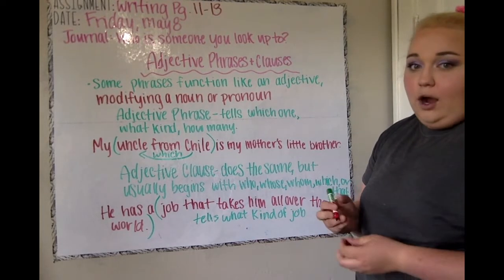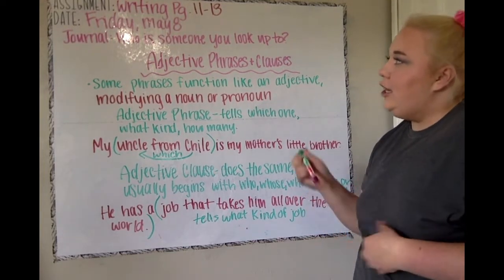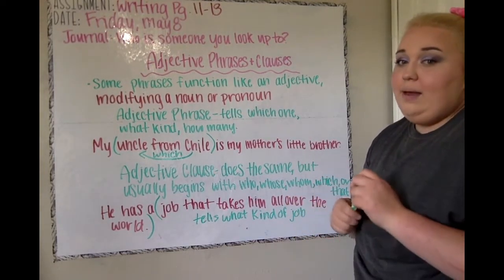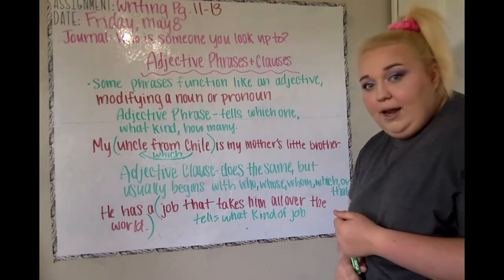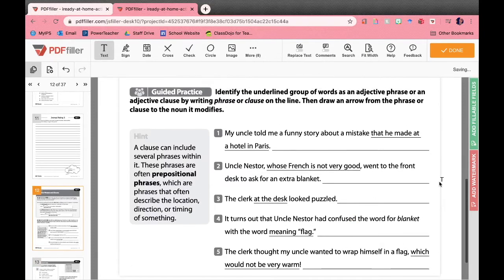Now make sure you do page 11, which is the journal. We're going to take a look at the bottom of page 12, and then you'll do 13 independently. Okay, 7th grade, so we're looking at the bottom of page 12 here. It says, identify the underlined group of words as an adjective phrase or an adjective clause by writing phrase or clause on the line. Then draw an arrow from the phrase or clause to the noun that it modifies.